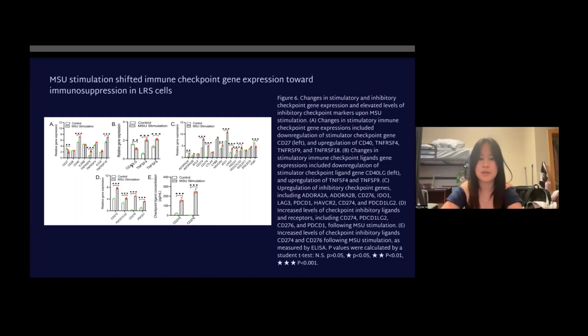Plot C has a little more gene expression for these genes, and they've mostly all gone up except for a few. In D, we also see some other genes. And plot E is the checkpoint ligand concentration, which has also significantly increased after MSU stimulation.